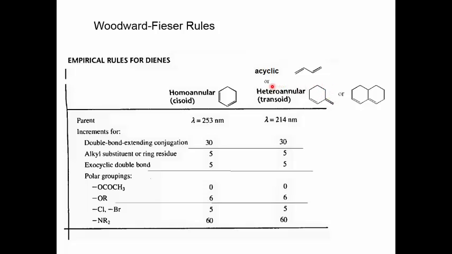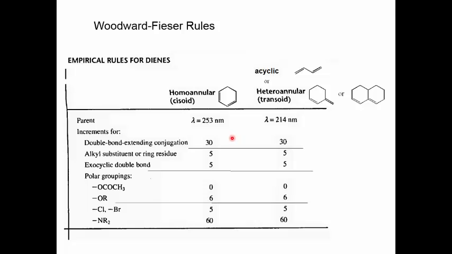They refer to this as a heteroannular system. If the system is a homoannular system, the 2 CC double bonds are part of the same ring, then the starting value is 253 nanometers. If it's acyclic or heteroannular, the starting value is 214 nanometers.